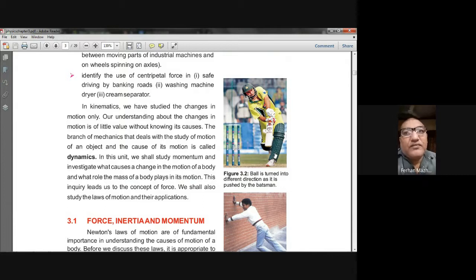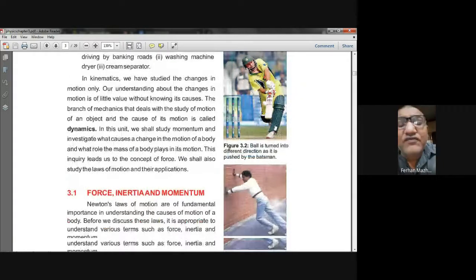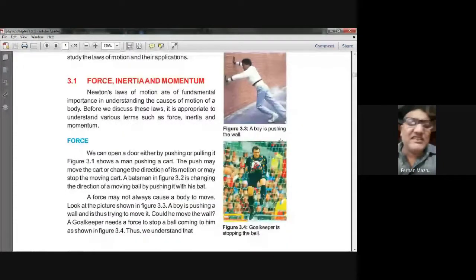So here he provided a push or a pull, and due to that the motion of the ball has changed, its direction has changed, its magnitude as well has changed. So force is basically an agent or a push or a pull which changes or tries to change the motion of a body.